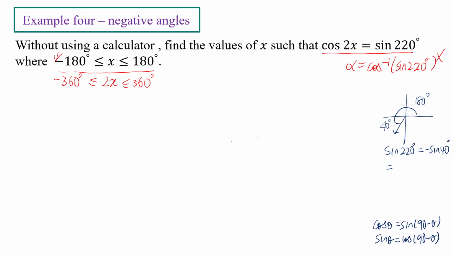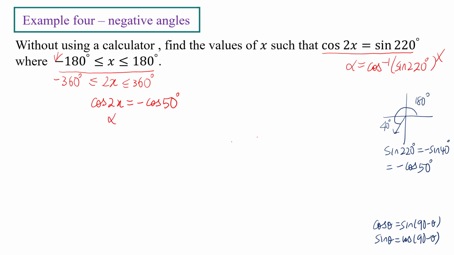Sine 40 is just cosine 50. Right. So therefore, cosine 2x is equal to negative cosine 50 degrees.